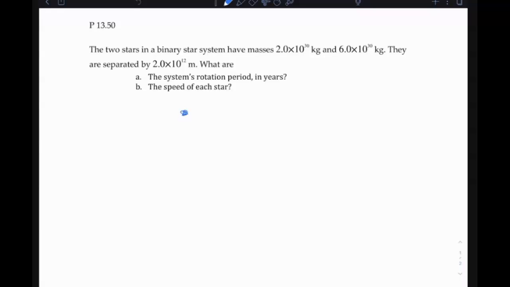We have mass 1 located at a distance r from mass 2. And if mass 2 is 6 times 10 to the 30 and mass 1 is 2 times 10 to the 30, then mass 2 is 3 times larger than mass 1.